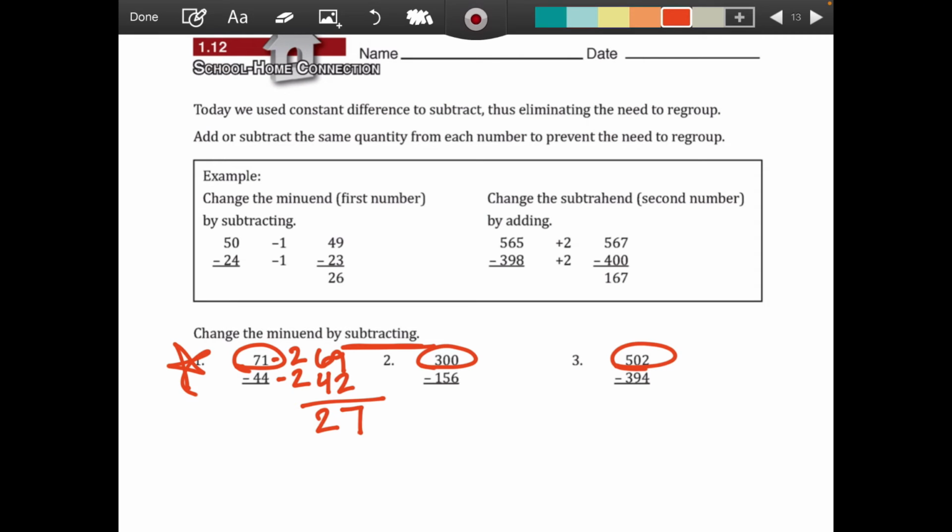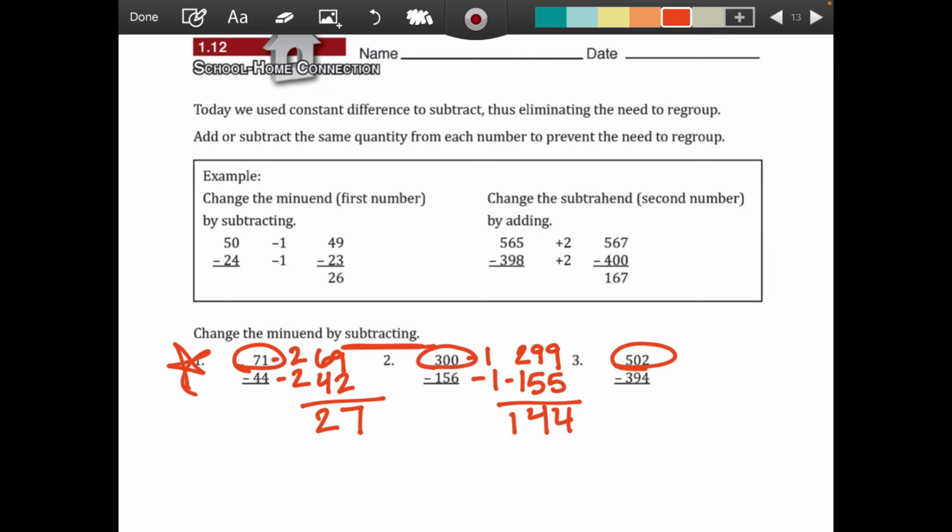Then over here, I am going to subtract 1. My new problem is going to be 299 subtract 155. 9 subtract 5 is 4. 9 subtract 5 is 4. And 2 subtract 1 is 1.